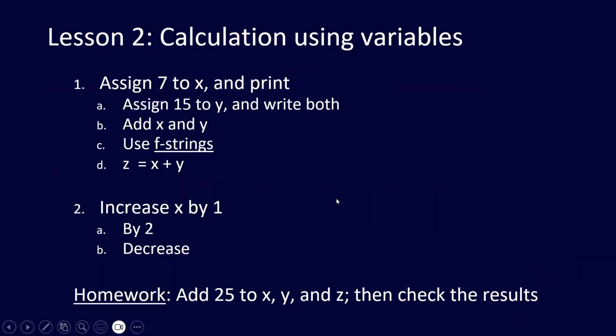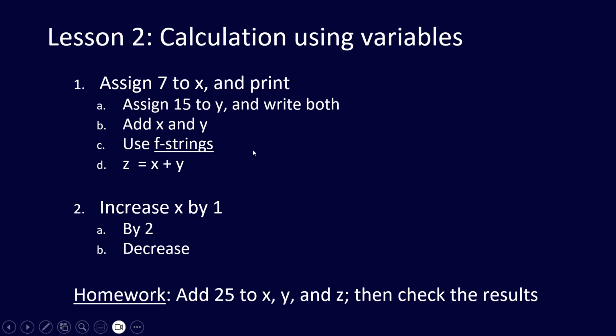Okay, last time we did some calculations using variables, such as x, y, and z. You remember that? We learned how to assign values to x and y, add x and y, and assign the result back to z.